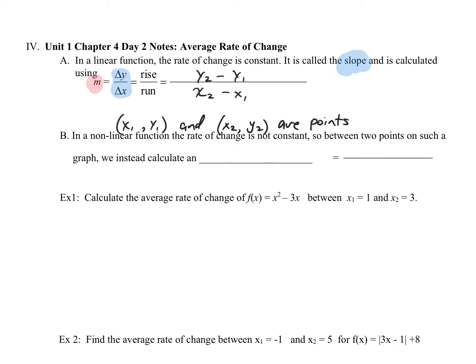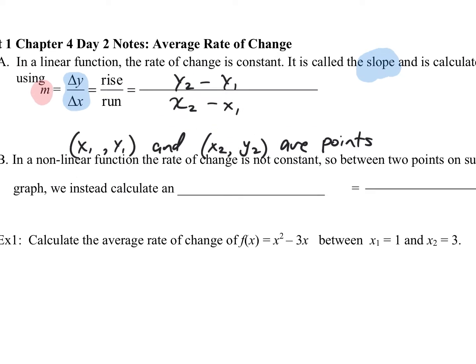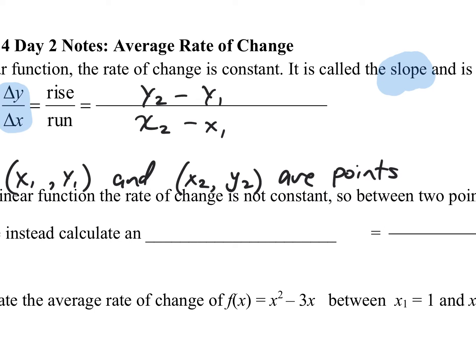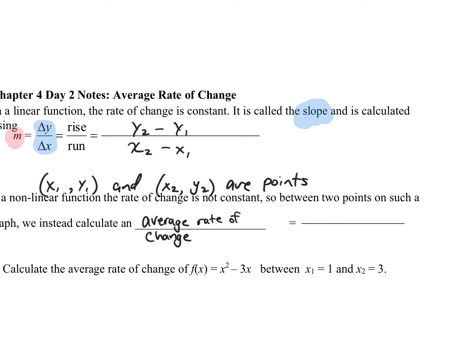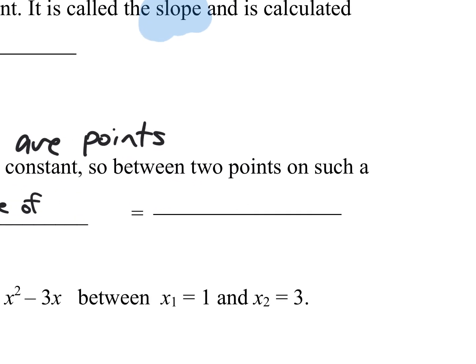All right, so in a nonlinear function, the rate of change is not constant, right? If it's nonlinear, we could have a quadratic, we could have an exponential. So if we want to find the rate of change between 2 points, we find an average rate of change. And this behaves very similar to slope, but because we're not actually identifying a slope, we have to modify our formula a little bit.